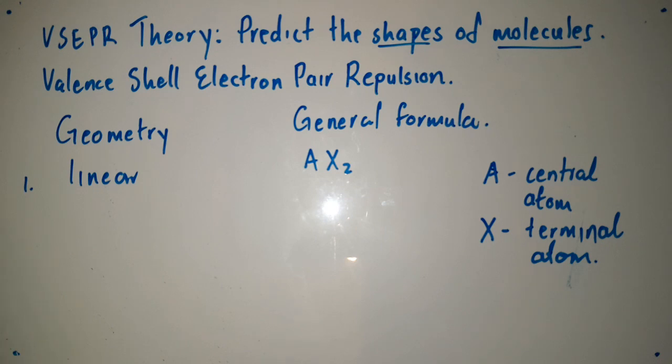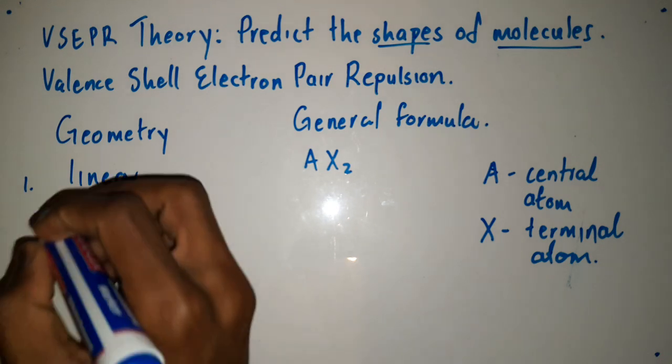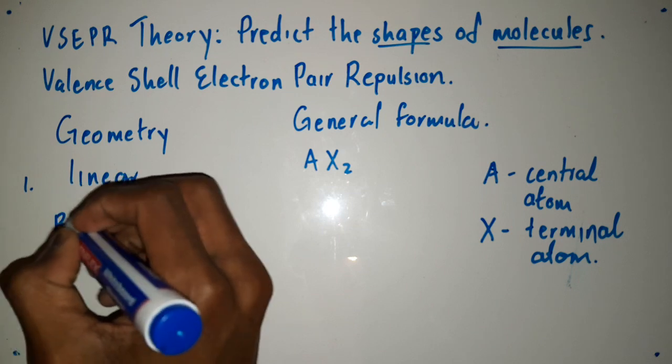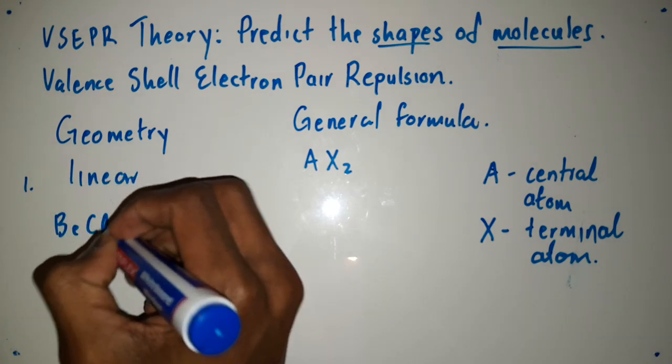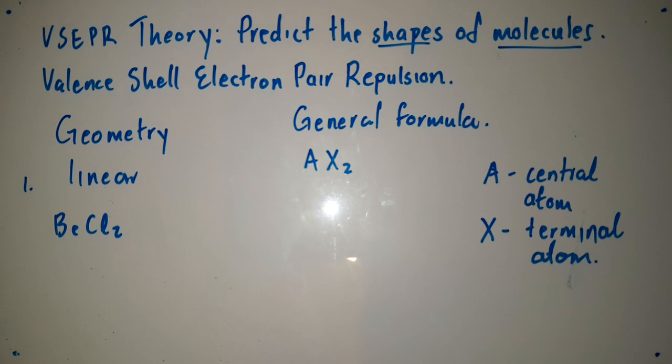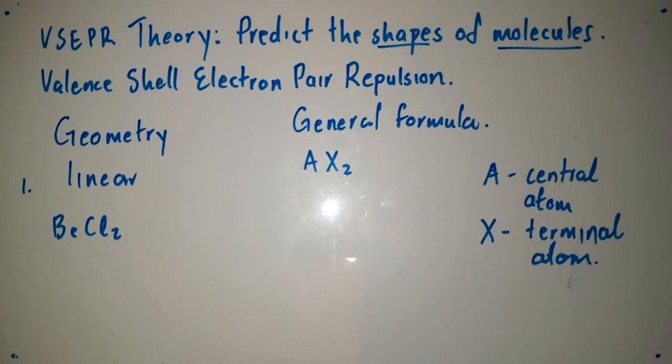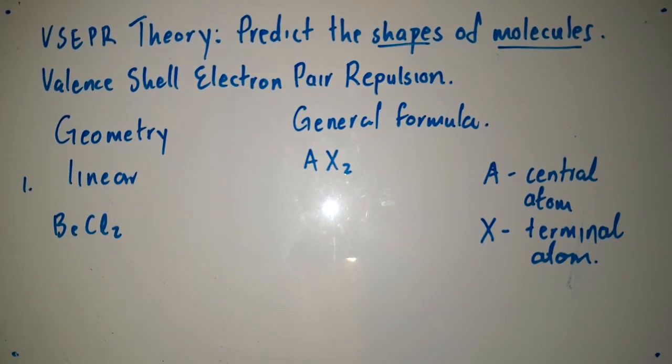Suppose I were to give you beryllium chloride and ask you to draw its Lewis dot diagram, how would you draw the structure of beryllium chloride?